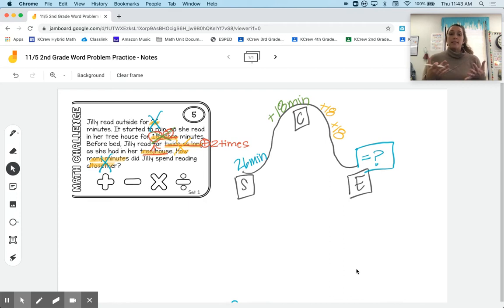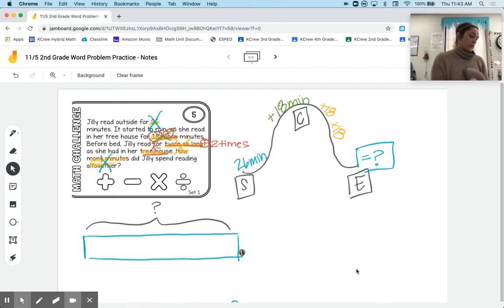So if I'm going to put this into a strip diagram, the way that I would do that is I would have my whole, which is my ending, and I don't know it. You could do it either as one big bar or you can make the squiggly. And then I have 1, 2, 3, 4 parts.